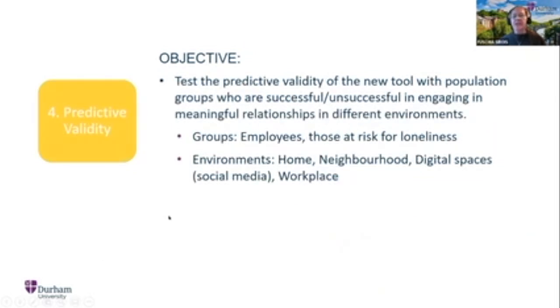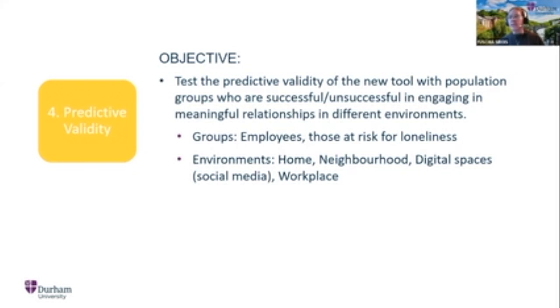And then the last stage is really looking at the predictive validity, and this is where we would hope to look at them in different contexts and with different groups. So doing it in the workplace with employees, and then certain groups who are more at risk for loneliness, we wanted to see how the scales might perform with those individuals. And then also in certain environments, right?